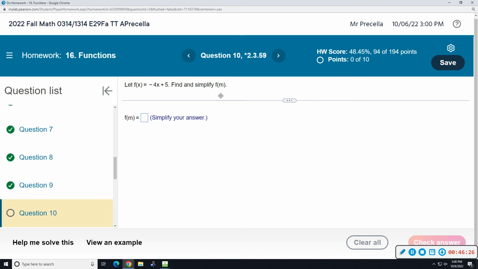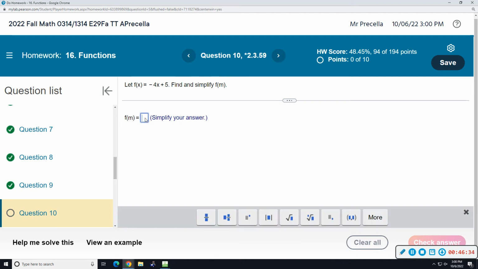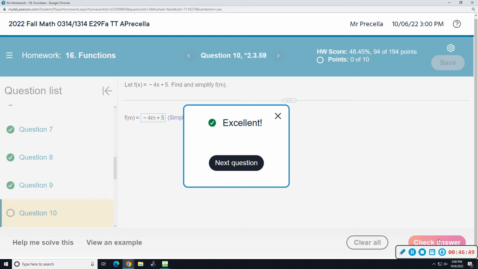The moral of the story, I said, was whatever's in the parentheses, you plug it in for x. Do y'all want to tell me what I'm going to type in right here? Perfect. Replace the x with an m. Negative 4m plus 5. Any questions there? Whatever's inside the parentheses, you plug it in for x.